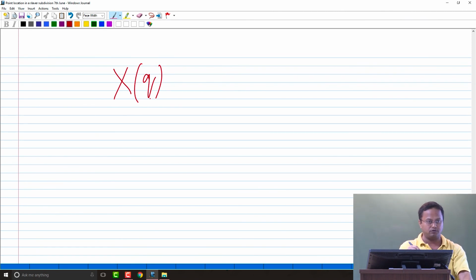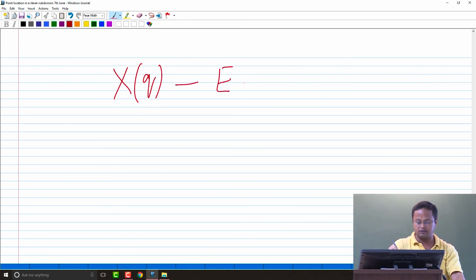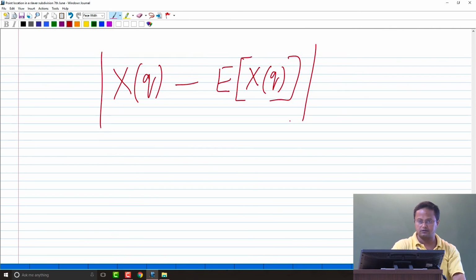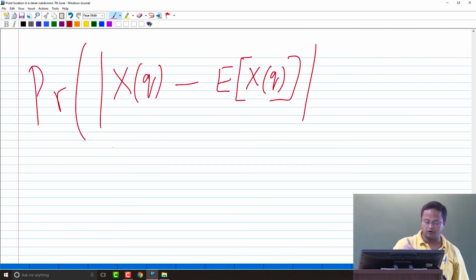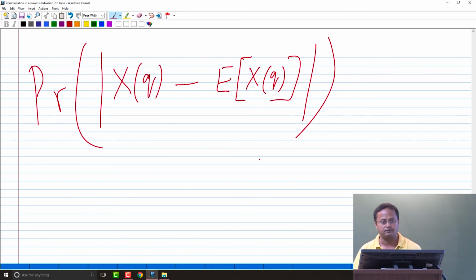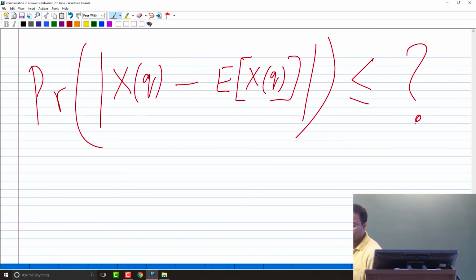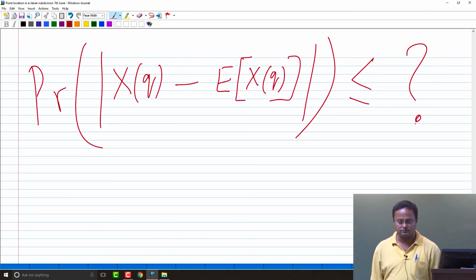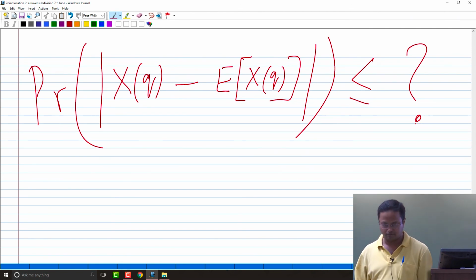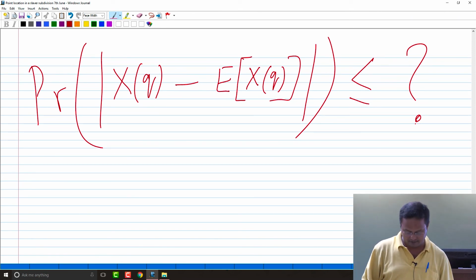So, let X be the path length of Q, let this be its expectation. I look at this and I take the probability of this, and one can show that this is going to be bounded by a small quantity. Chernoff bound is used to justify that bound.